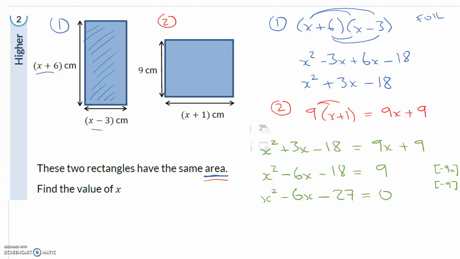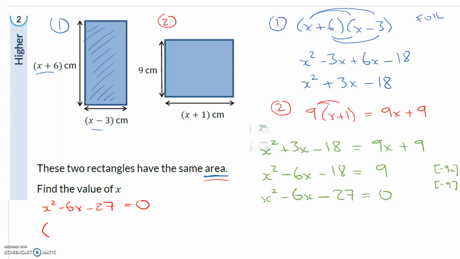As usual, we've got several ways that we could solve this quadratic equation. We could use the formula, we could complete the square. Okay, it looks to me like we've got numbers here that we're going to be able to factorise. That's going to be the simplest thing to do. So we have x squared minus 6x minus 27 equals 0. So we're going to factorise.